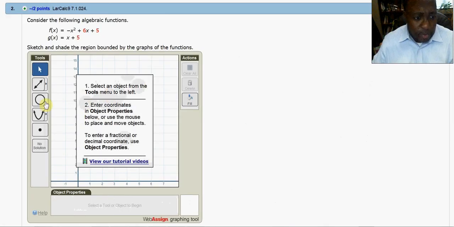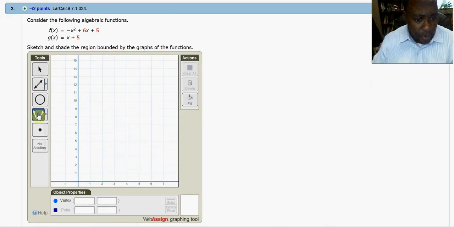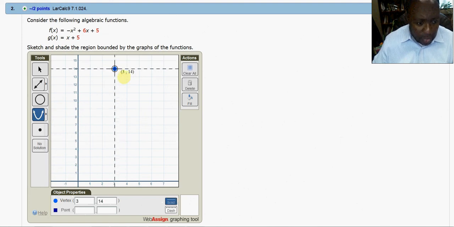So select an object tool. So let's say first we're going to do the parabola. And the parabola, we know we had a vertex of 3, 14. So it's there. And then we know that it had an intercept at 0, 5. Right?